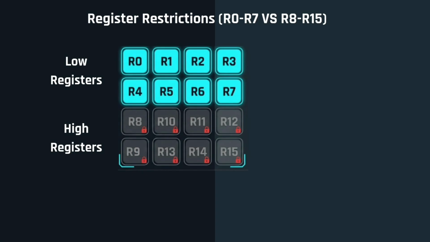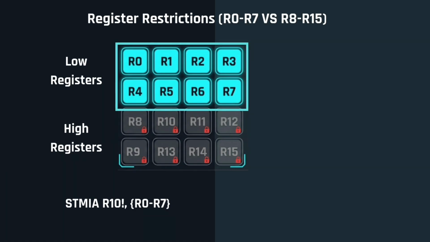The second difference is the register limitation. In ARM state, both the base register and the register list can use almost any general purpose register. For example, this store multiple increment after instruction is perfectly valid. In Thumb-1, both the base register and the register list are limited to R0 through R7.